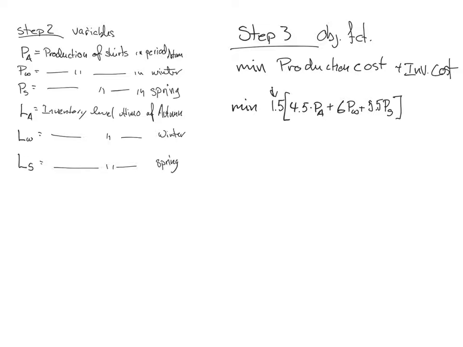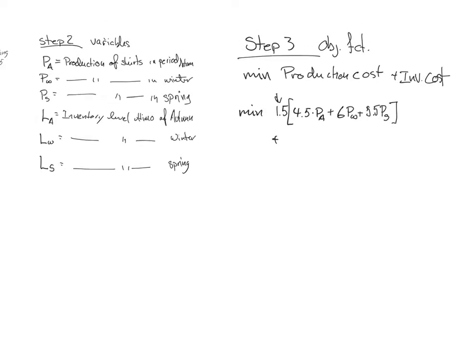To that we have to add the inventory cost. And the inventory cost is just 0.9 times how many items we have in stock. So that's 0.9 times LA plus LW plus LS.